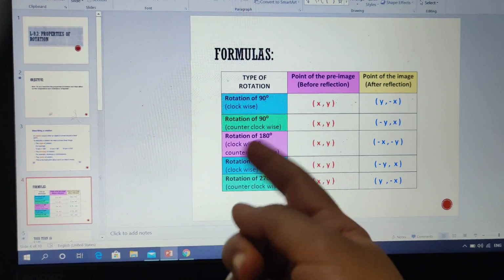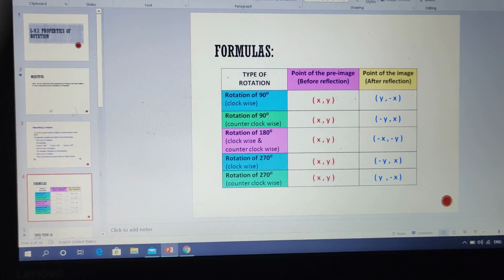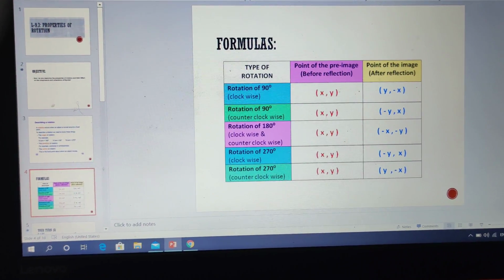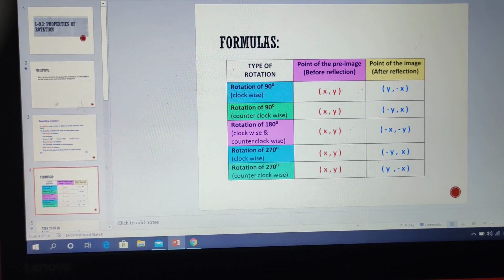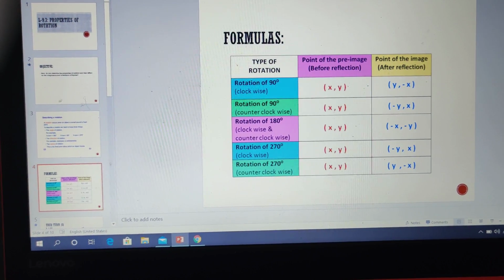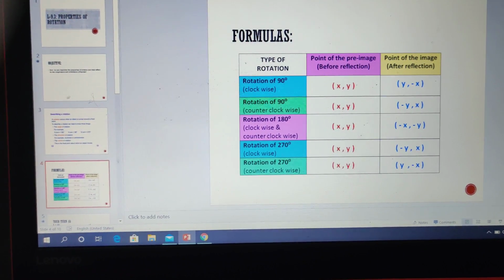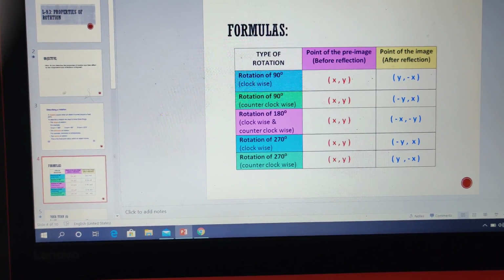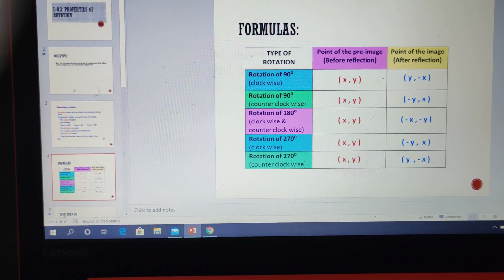Now rotation of 180 degrees, clockwise or anti-clockwise, will be the same. Here both coordinates will be negative. Now for the rotation of 270 degrees, x and y will be switched and y will be negative.